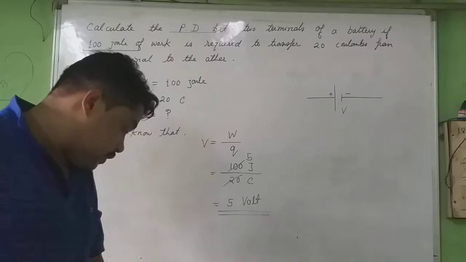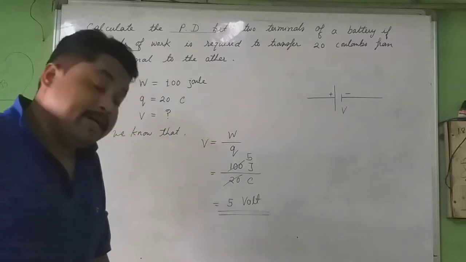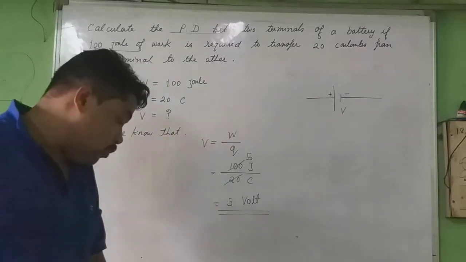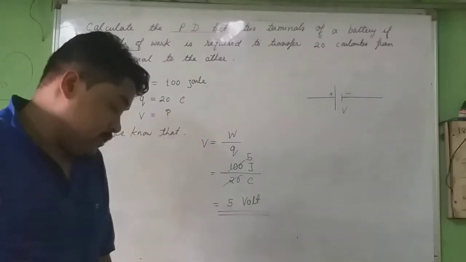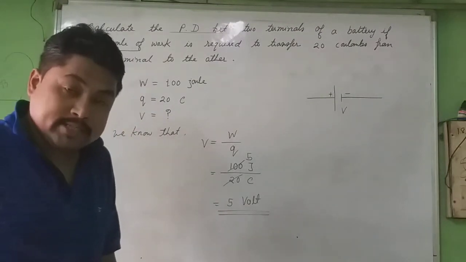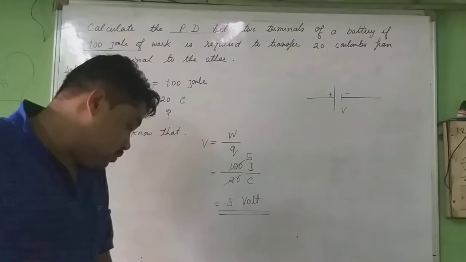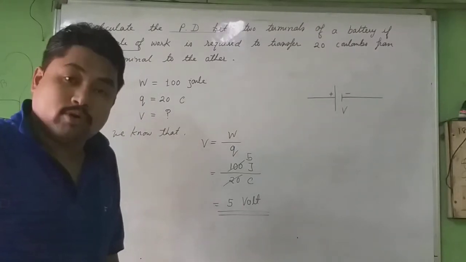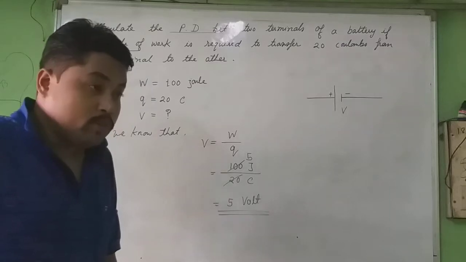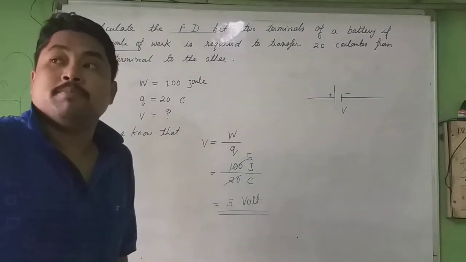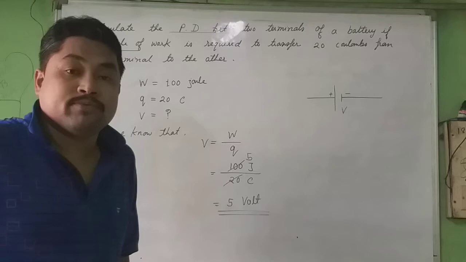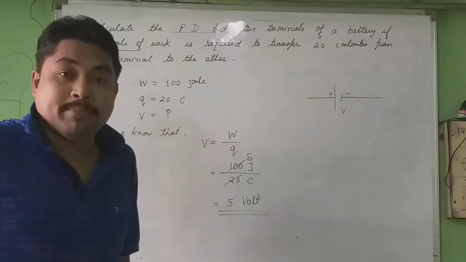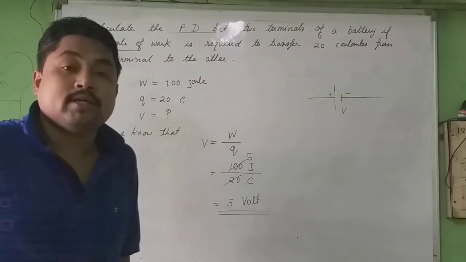Okay, what do I need? I need the work done in moving a charge. The charge given is 3 coulomb, from a point at 38 volts to a point at 48 volts. Two points are given, the potentials of the two points are 38 and 48. So the potential difference between the points is 48 minus 38, 10 volt. Okay.